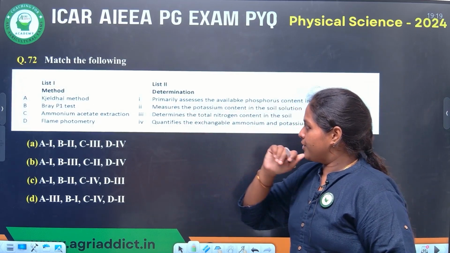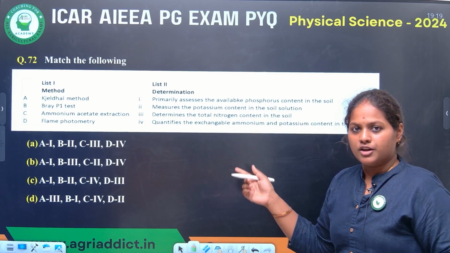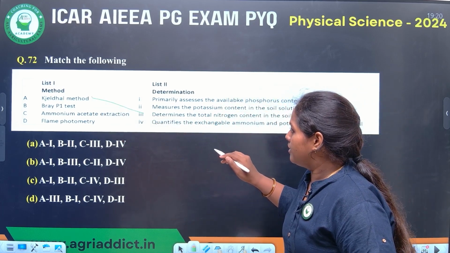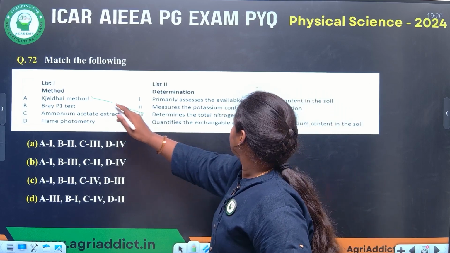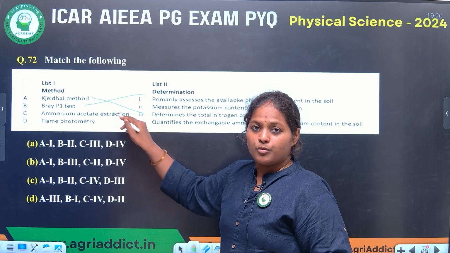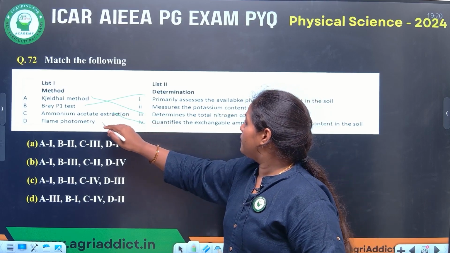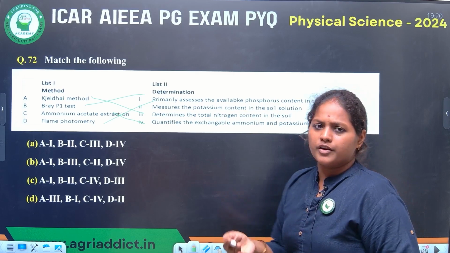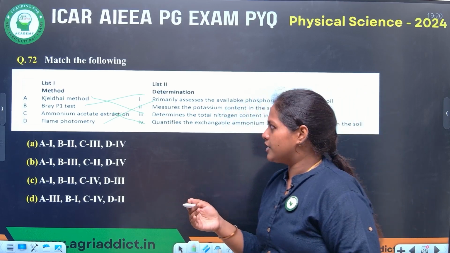Question number 72. They have given from the soil testing part. Kjeldahl method is for plant nitrogen content, Bray test for phosphorus content in the soil, ammonium acetate extraction for exchangeable ammonium and potassium, flame photometry for potassium content in the soil, total potassium. Flame photometer is for alkali and alkaline earth metals.